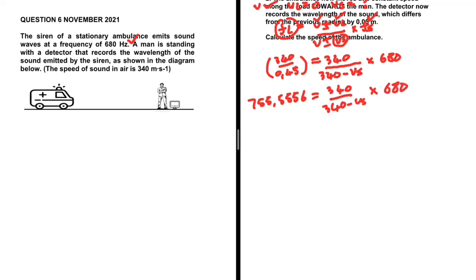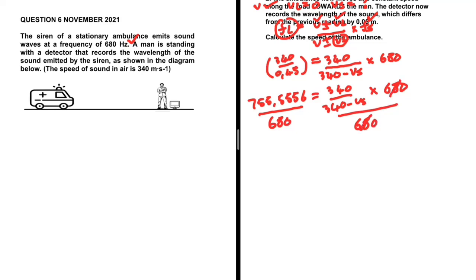So now I can divide both sides by 680, right? So let me divide here by 680 and also here by 680. So 680 and 680 would cancel out.